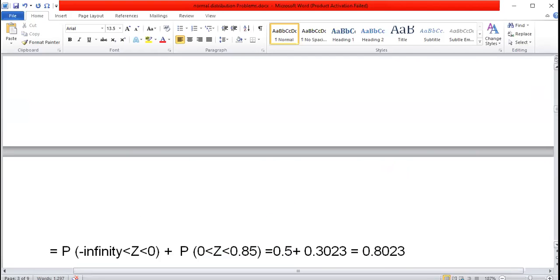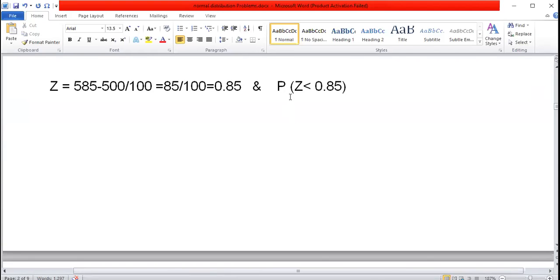Now we know that the probability that z is less than 0.85 is 0.8023, almost 0.80.